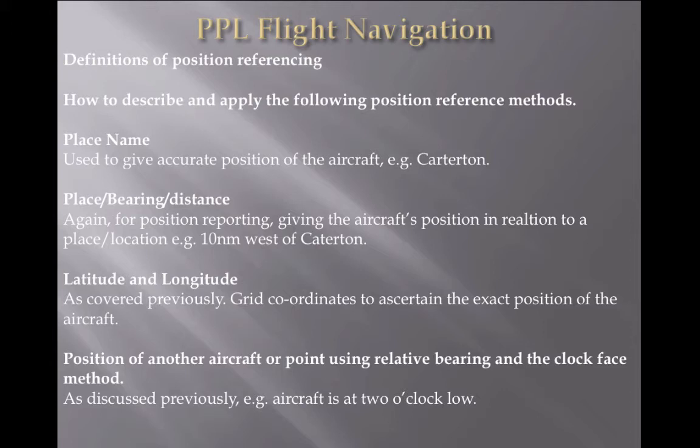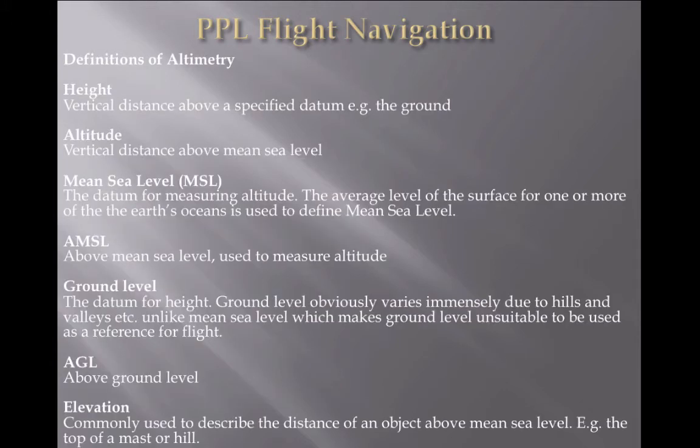Position of the other aircraft's point, relative bearings and clock face methods we've done as well. Height is the vertical distance above a specified datum, the ground for example. Different to altitude. Altitude is the vertical distance above mean sea level. And just for clarification, mean sea level is the datum for measuring altitude. The average layer of the surface for one or more of the Earth's oceans is used to define mean sea level.